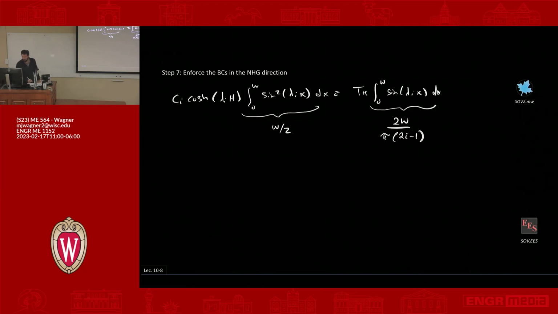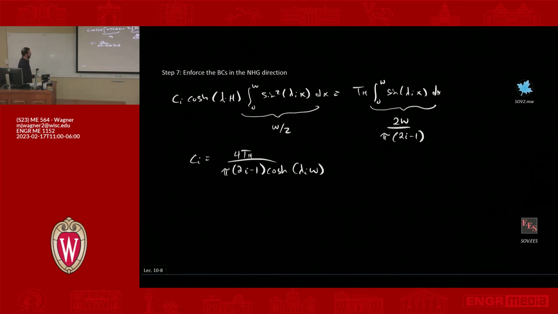OK. So now I can actually solve for c_i, right? Give me some index i, I can solve explicitly for c_i, and I can compute the value of that constant. And that's kind of the core of it. So let's do that. c_i is equal to 4h divided by pi times 2i minus 1 times cosh lambda_i w. We know what lambda_i is.